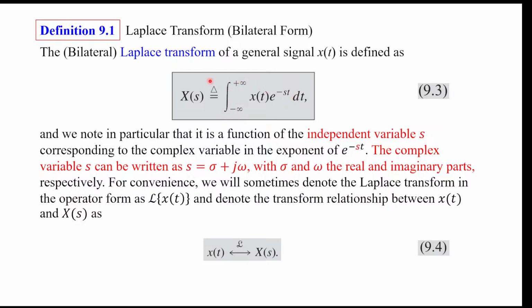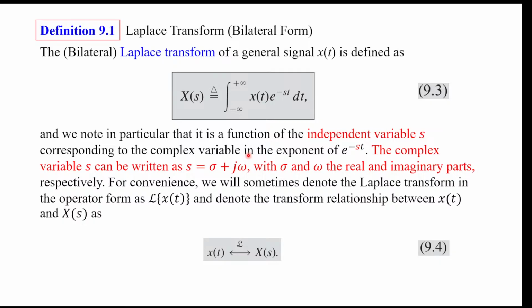Big X of s is a function of the complex value s, which is the independent variable. For ease of analysis, we think of s as having a real part sigma and an imaginary part j omega.